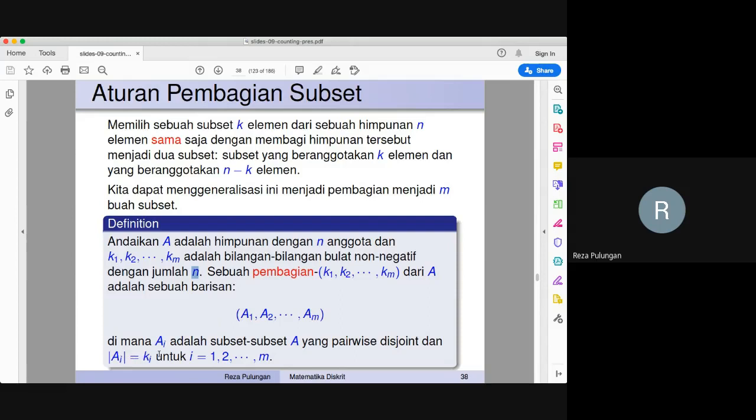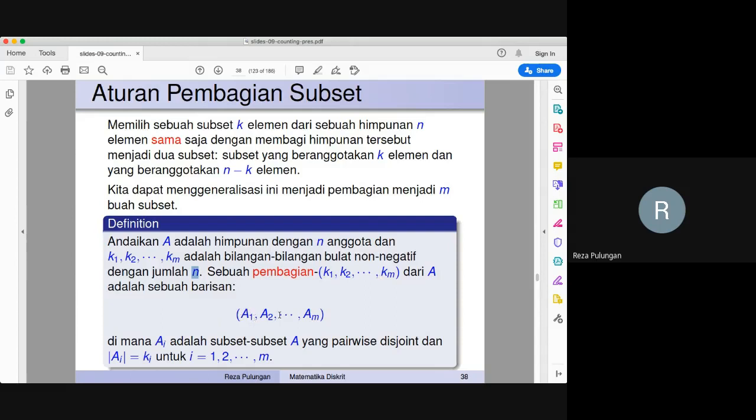So what does it mean? It means something like this. You have A, the number of elements in A is n, and you divide them into m partitions. In the first partition, there are k1 elements. The second partition, there are k2 elements, and so forth until the mth partition.